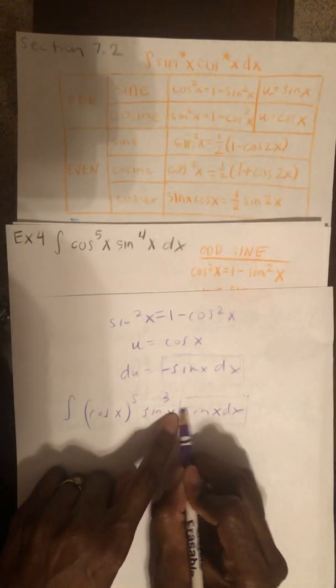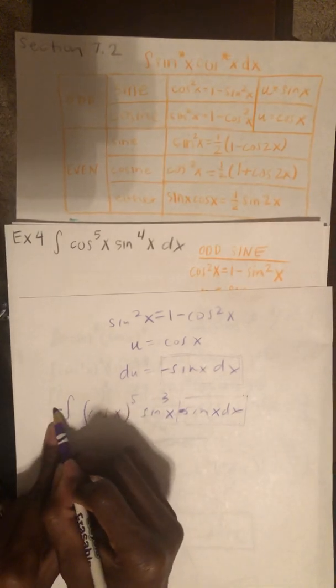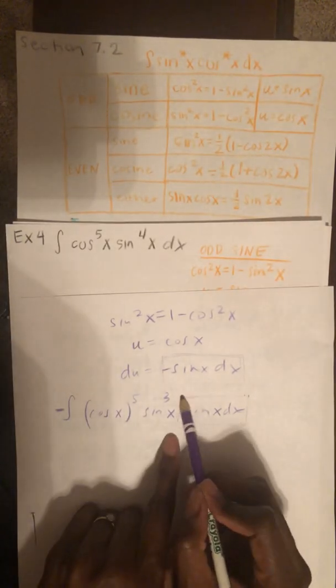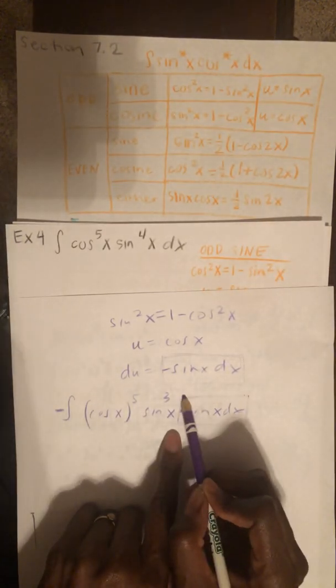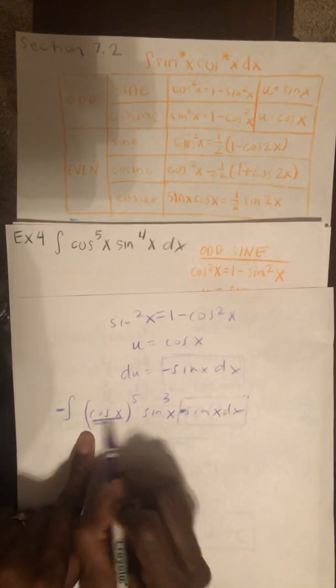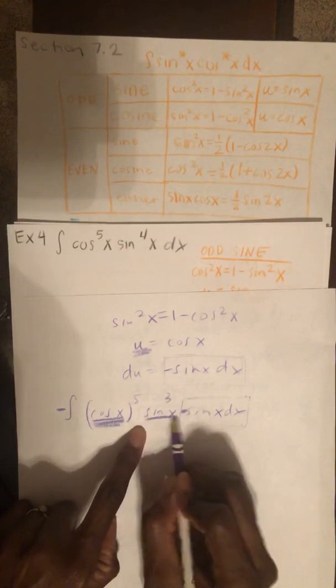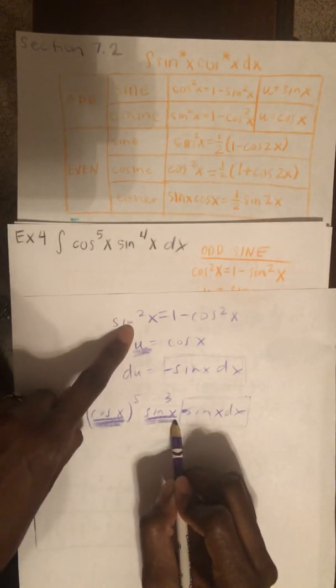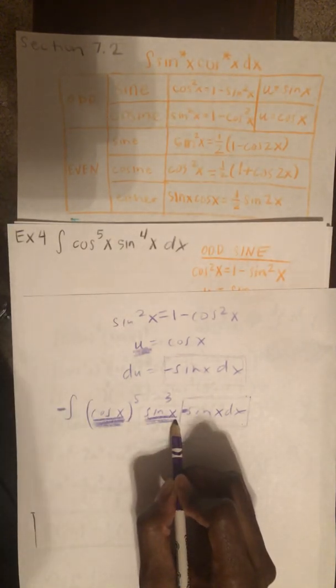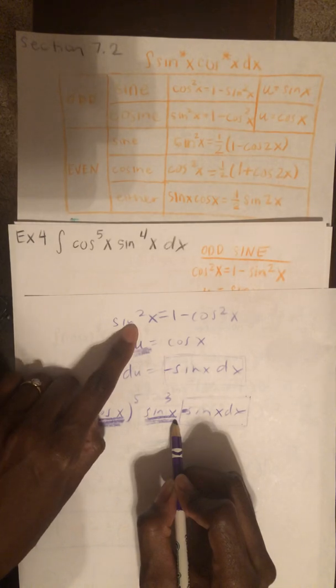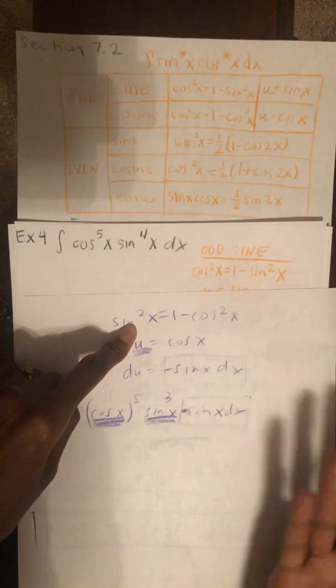If we need a negative, I'll put a negative here and then counteract it with a negative here, okay? So that's fine. So this right here would be our dx. The issue is this cosine x would change to u, but this right here can't be moved using this rule. So that's why this isn't the best way to go, and that's why I stopped.